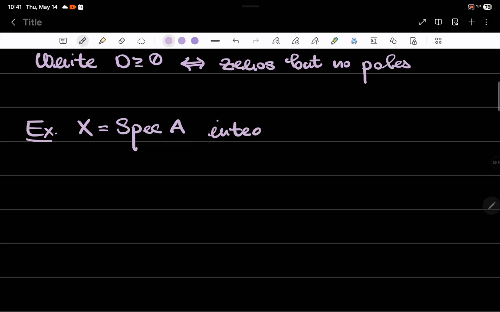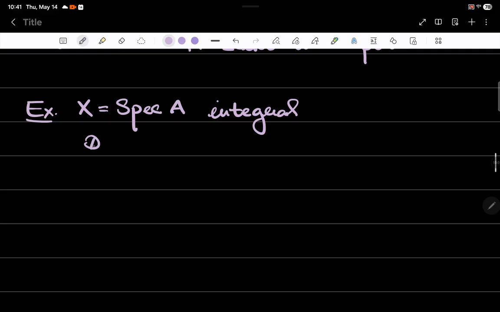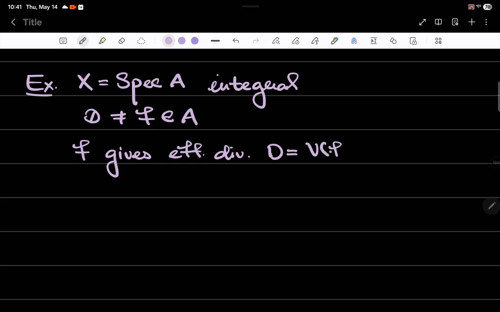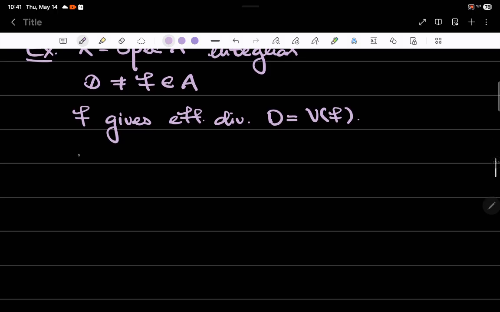Suppose it's integral, and I'll take some non-zero function f on Spec A. Then this determines an effective Cartier divisor, which I'll sometimes just abbreviate as divisor, given by its vanishing locus, provided f is a non-zero divisor.